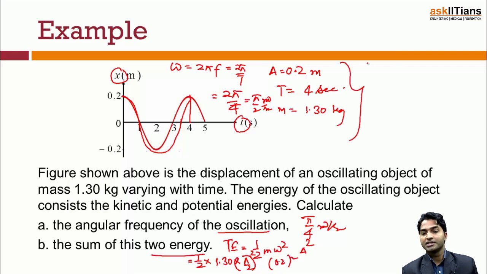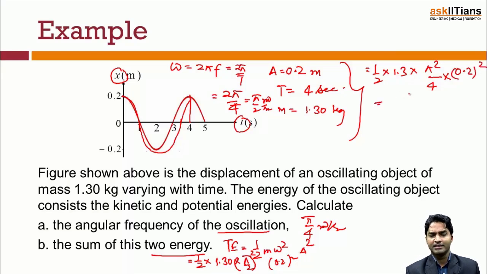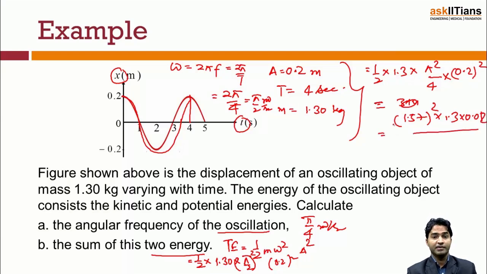So when we solve this relation, we get 1 by 2 into 1.3 into pi square by 4 into 0.2 whole square. On solving this, we will get a constant value.